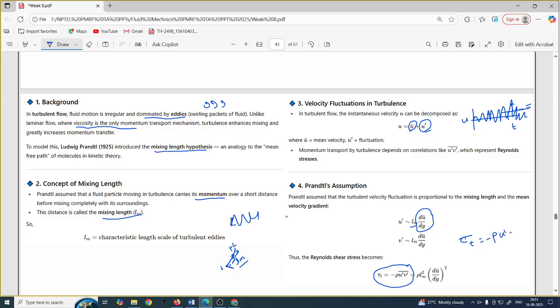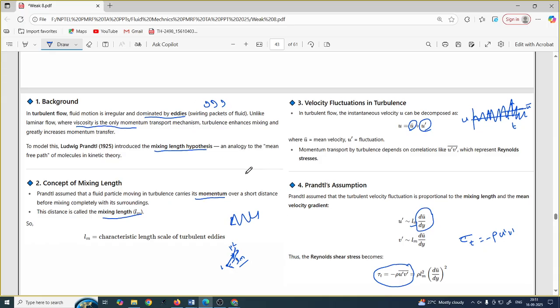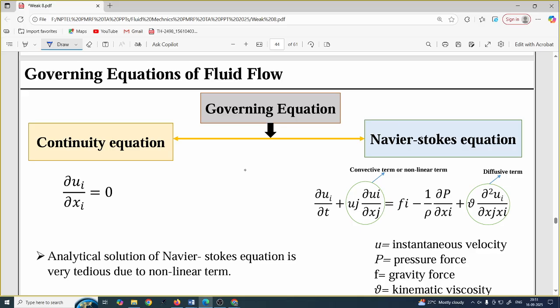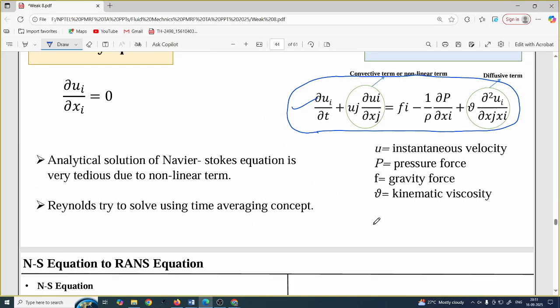And why is the Prandtl mixing length important? First I want to show you why it is important. Because in fluid flow, that is in the Navier-Stokes equation, this is the Navier-Stokes equation. For solving the complete Navier-Stokes equation, mathematically there is still no one who has solved the Reynolds shear stress completely for complex problems.